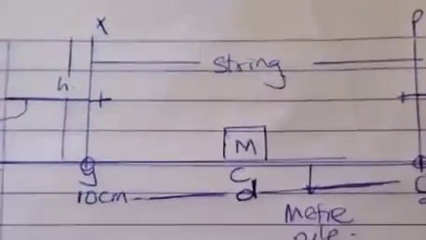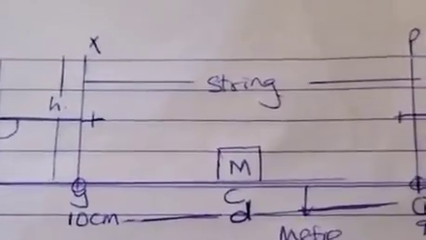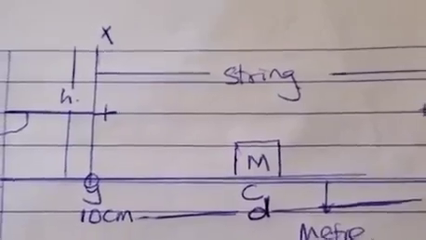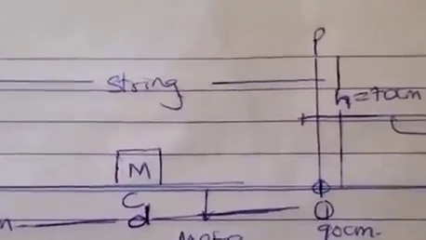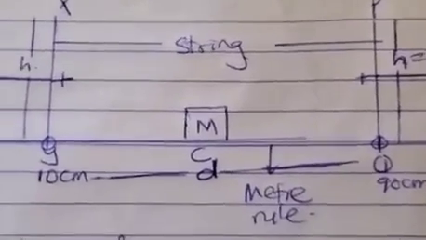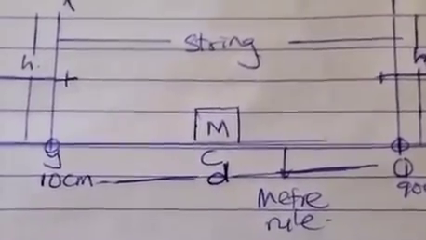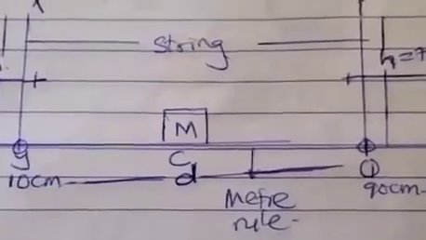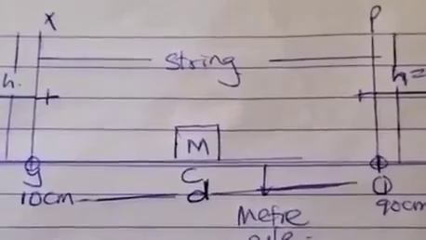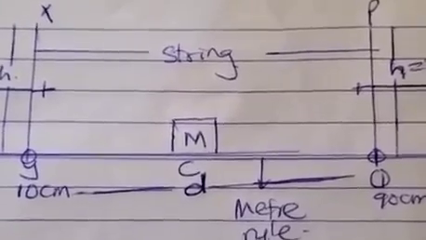So in this experiment, two things are held constant. The length of the string H, that is SY or PQ, is 70 cm, so it will be held constant all through the experiment. And the distance from Y to Q, where you have the strings holding the meter rule, will be held constant as 80 cm.